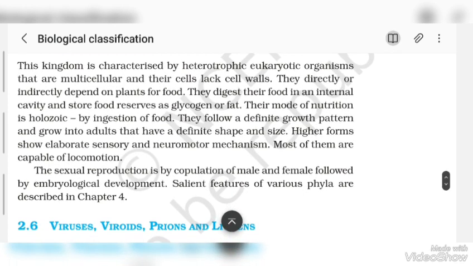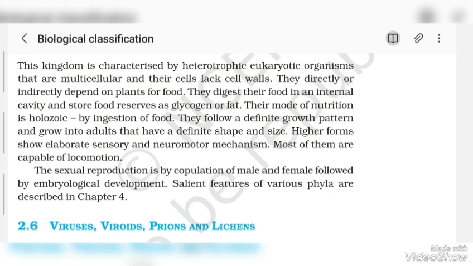Kingdom Animalia. The kingdom is characterized by heterotrophic eukaryotic organisms that are multicellular and their cells lack cell walls. They directly or indirectly depend on plants for food. They digest their food in an internal cavity and store food reserves as glycogen or fat. This mode of nutrition is holozoic, by ingestion of food.